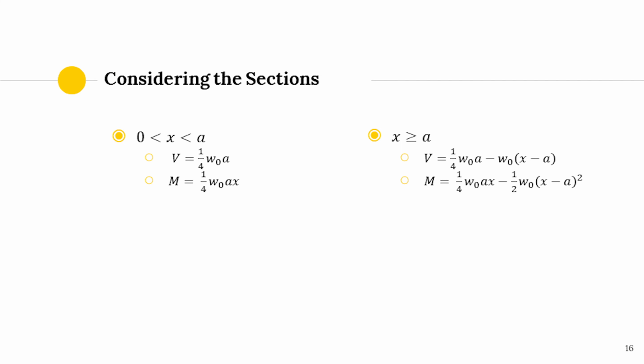If we consider the section before x equals a, we notice that shear equals 1/4 omega naught A, and moment equals 1/4 omega naught Ax, when x is between 0 and a, as found in the previous background section. Considering the section when x is either equal to or greater than a, we notice that the same equations found in the previous background section are still viable.